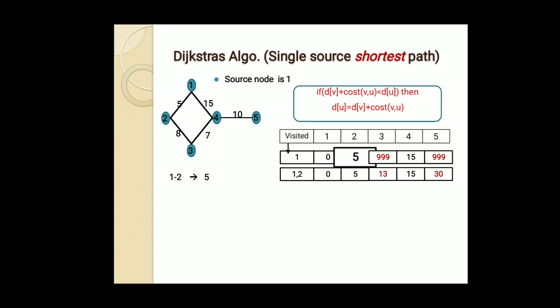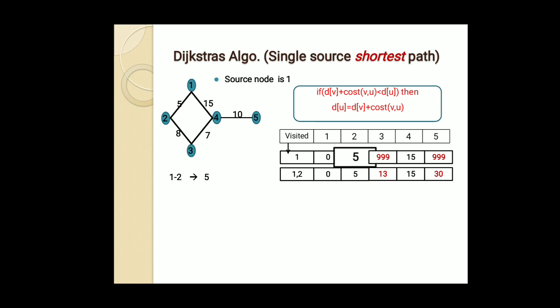As you can see, 1 to 3 and 1 to 5 have been updated, isn't it? From infinity, at least we have come down to 13 and 30 with respect to the third and fifth node, right?